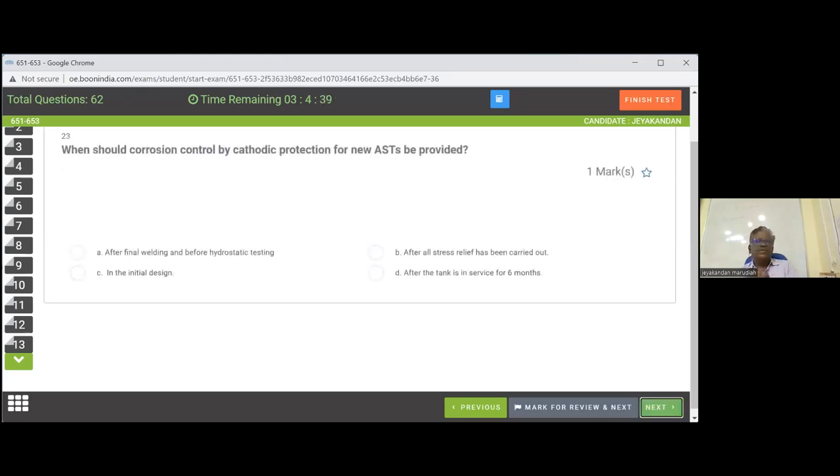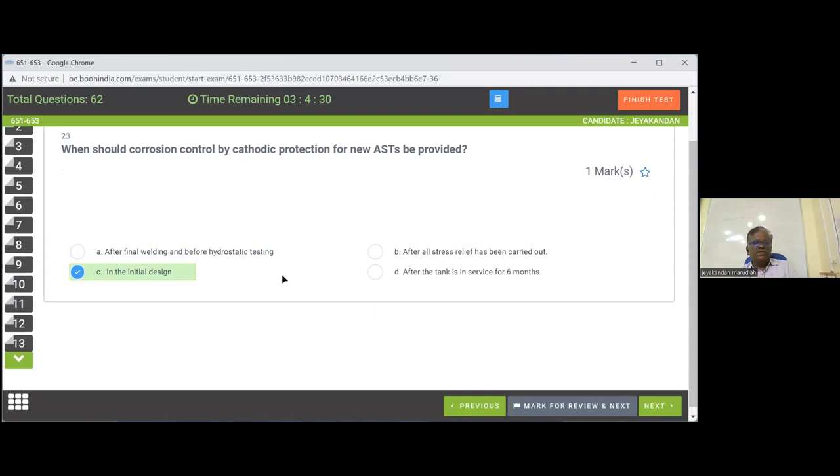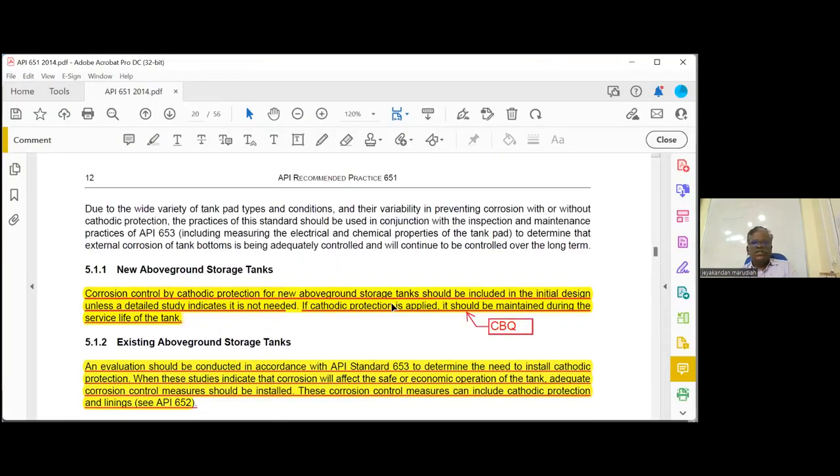Next, open book. In soil corrosion control by cathodic protection, ASTs should be provided with it in the initial design itself, when you are going for a new tank. It is here. Corrosion control should be included in the initial design. This line.